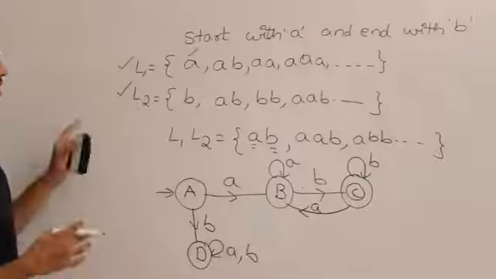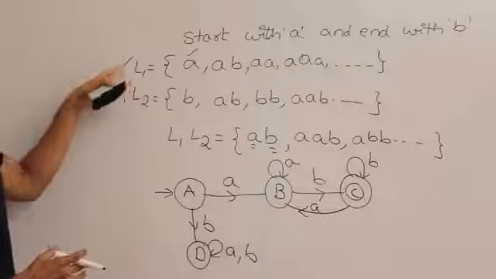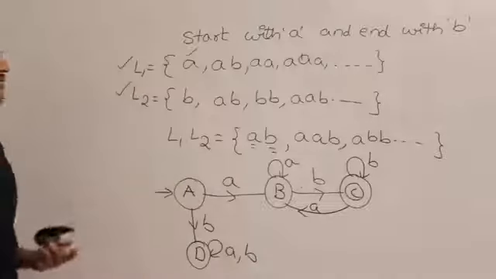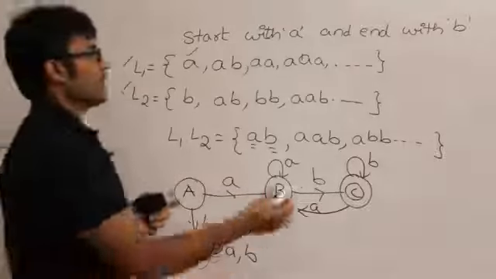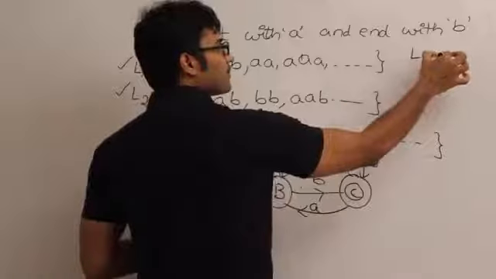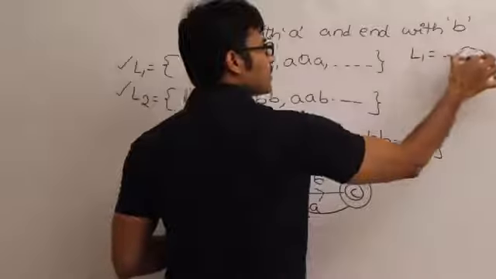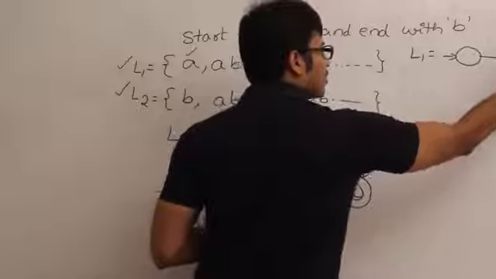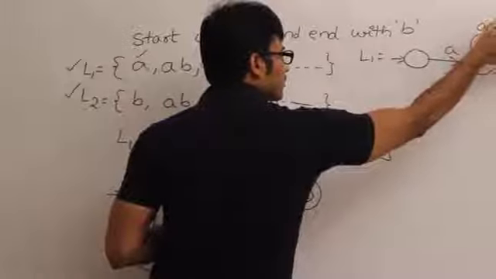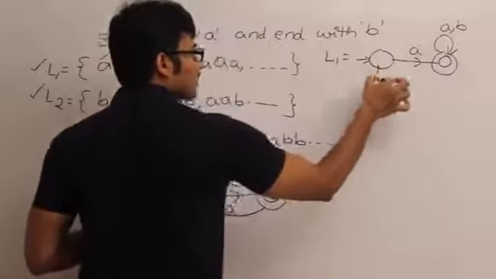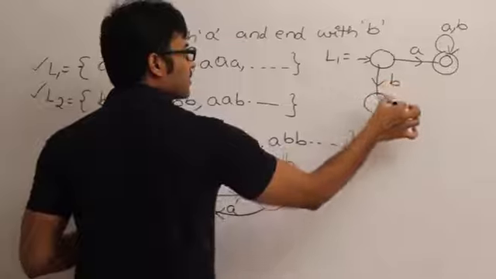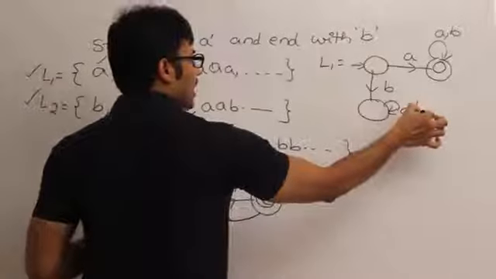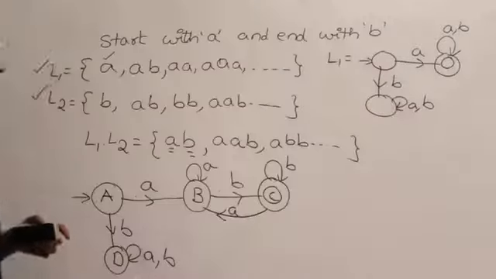Now let us draw the DFAs for both of them independently and see how we can connect them. For L1, starting with A, we have already seen it. If I start with A, I am going to accept it, and if I start with B, I am not going to accept it, right?